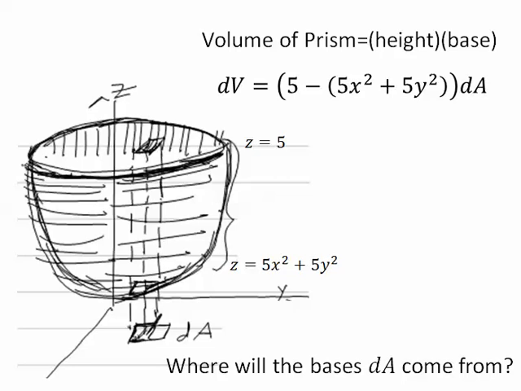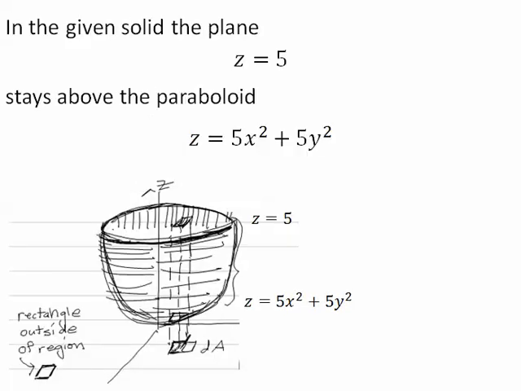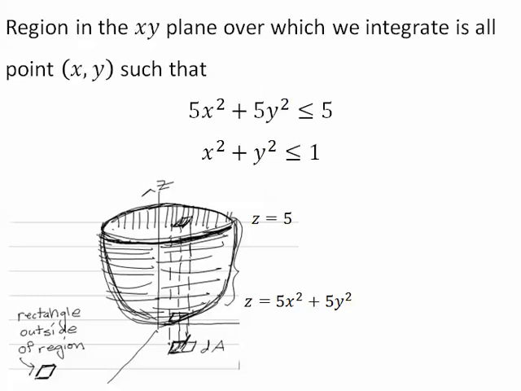So what's our region over which we will integrate in the xy plane? Well, in the given solid, the plane stays above the paraboloid. And so we're looking at the region in the xy plane such that 5x squared plus 5y squared, the paraboloid, is always less than or equal to 5, the plane.